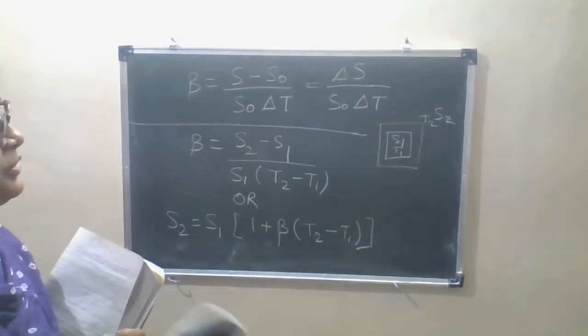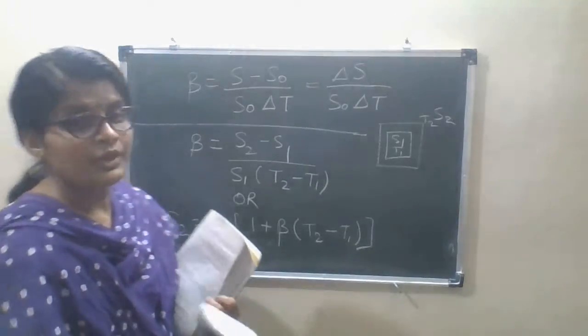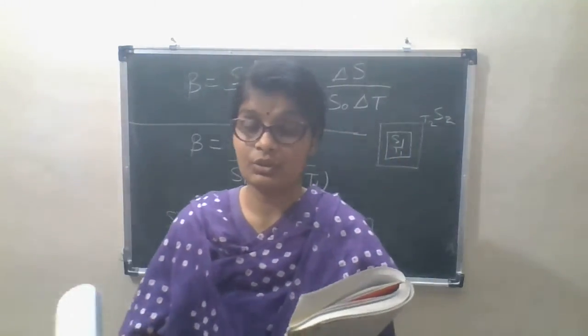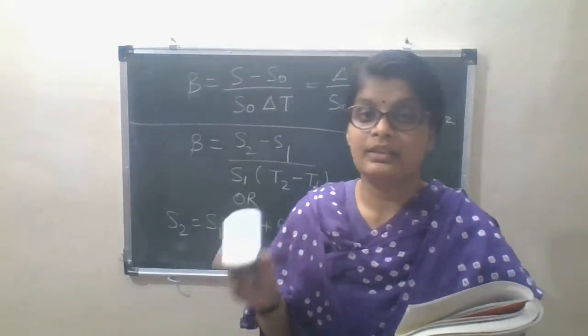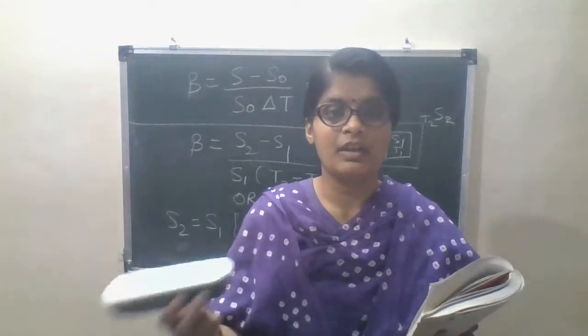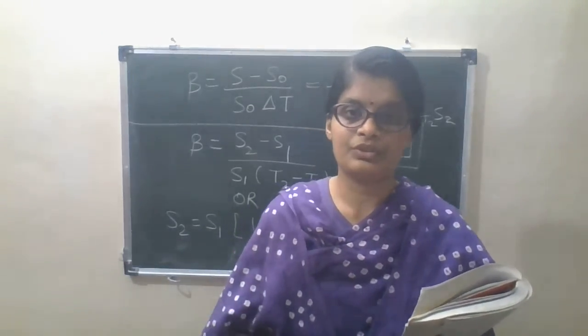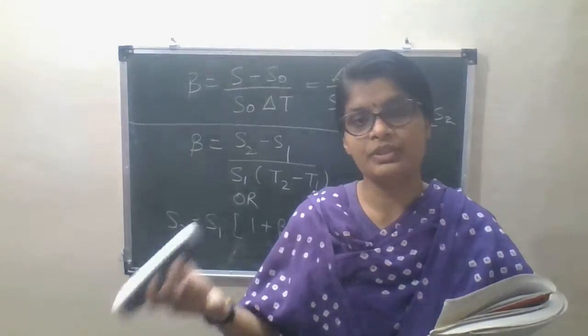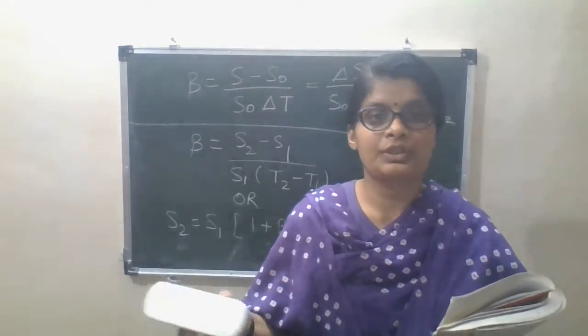So this was the superficial expansion, and what we have already learned is that the original area was denoted by S0, the change in temperature by delta T, and the coefficient of superficial expansion by beta.